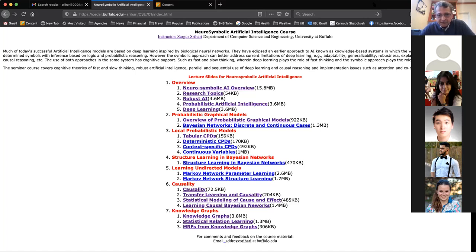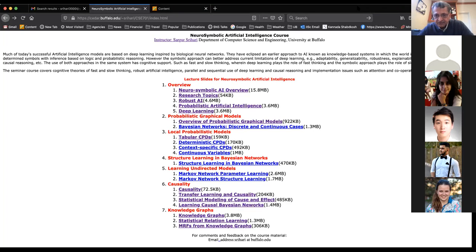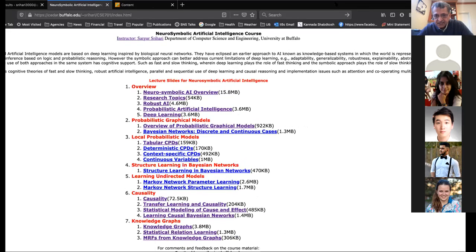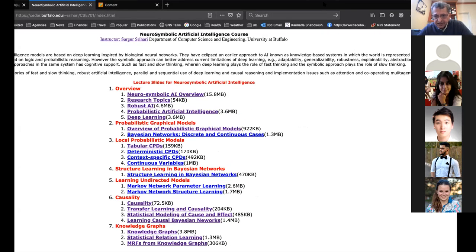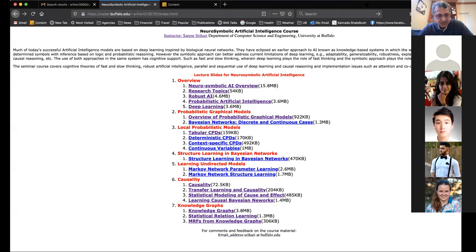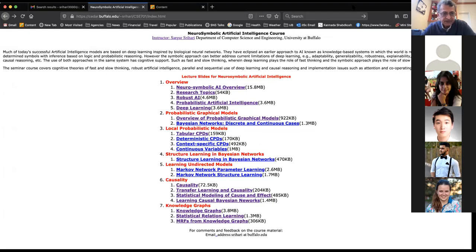However, the symbolic approach can better address limitations of deep learning, such as adaptability, generalizability, robustness, explainability, abstraction, common sense, causal reasoning. So there are all kinds of things that are done well by symbolic reasoning. And can deep learning be used for that?